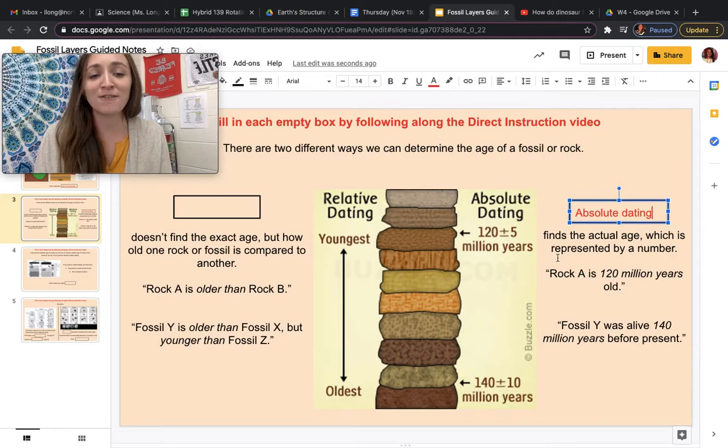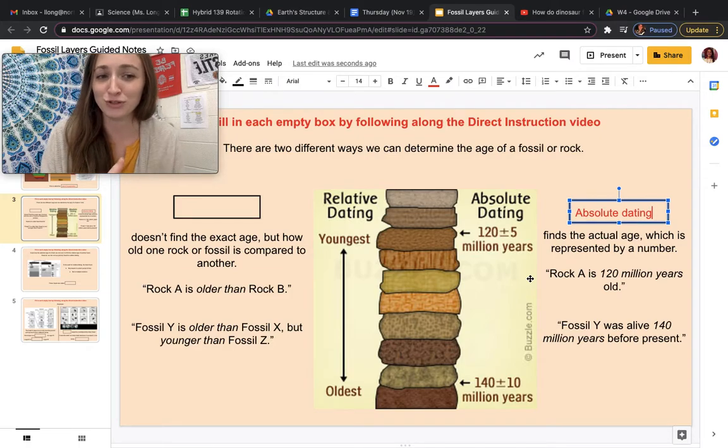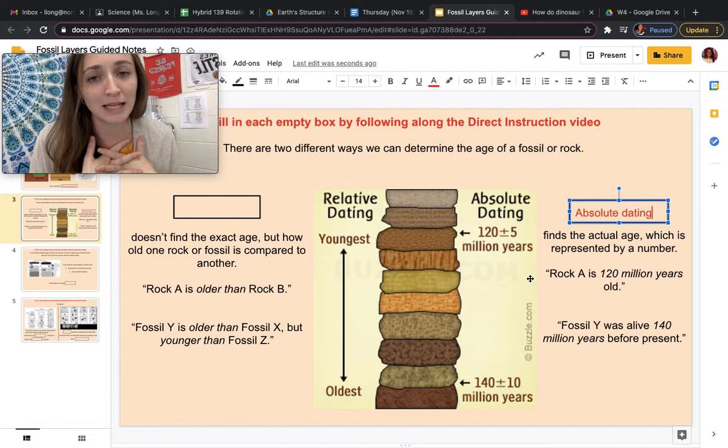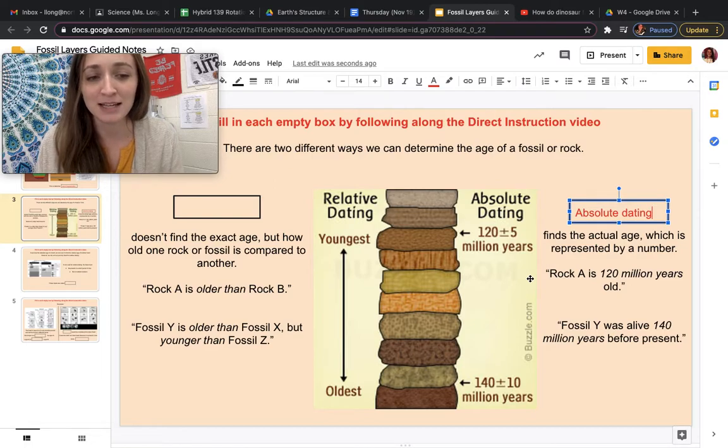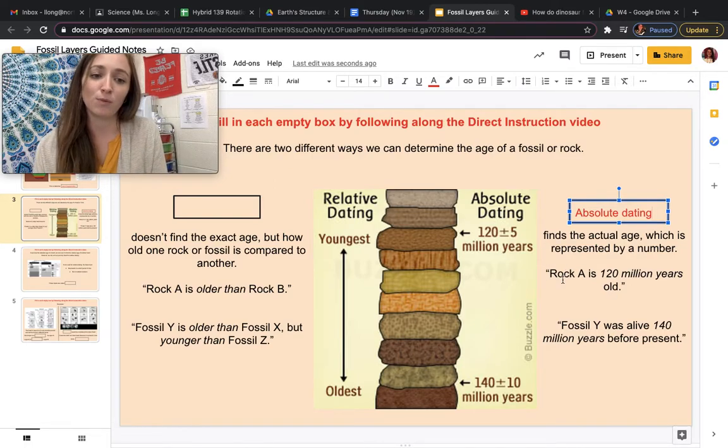There are different techniques that scientists use to absolute date a living thing, a fossil, or a rock. It usually has to do with very intense processes that you have to go through a lot of school to do. So we can't really absolute date any fossils ourselves, but if you become a scientist, you absolutely can. A good example is if you say rock A is 120 million years old.